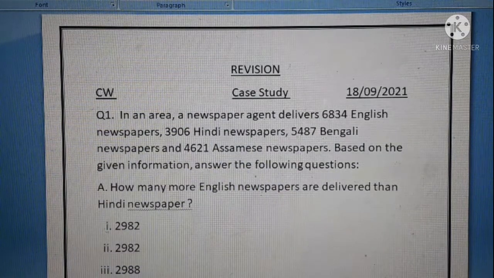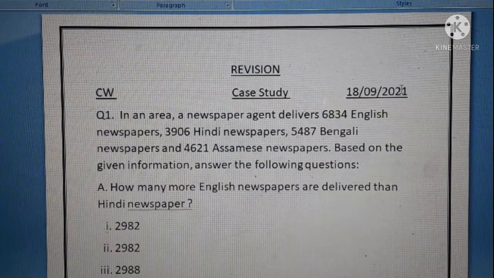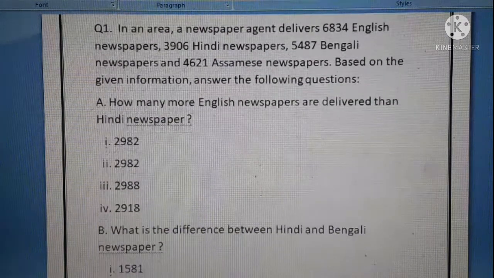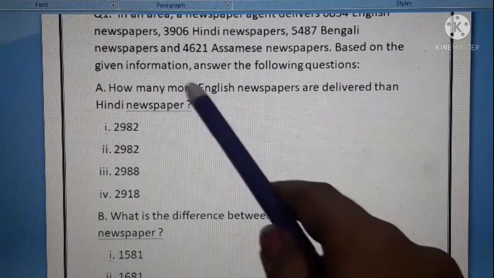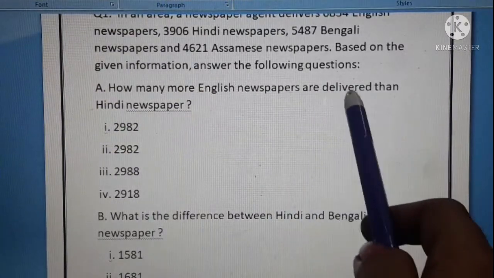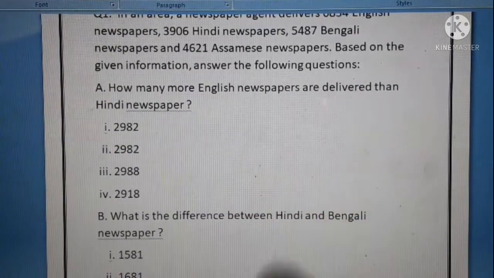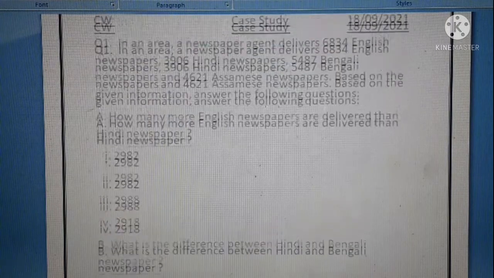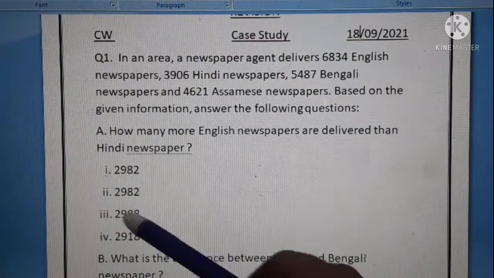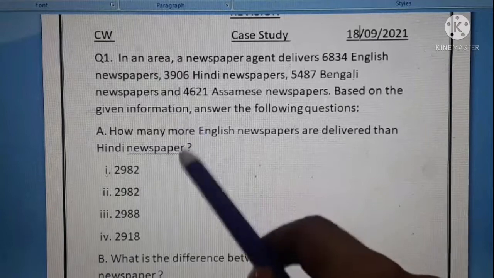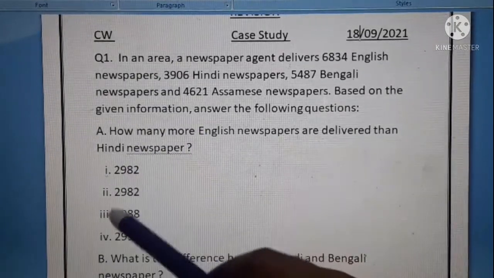Now what questions are asked on this information? So let's see. The first one: how many more English newspapers are delivered than Hindi newspapers? You have to choose the correct option out of this. You have to write A, then choose the correct option.